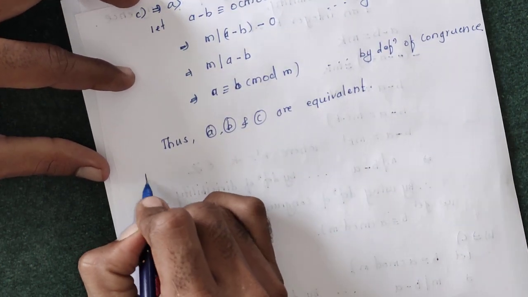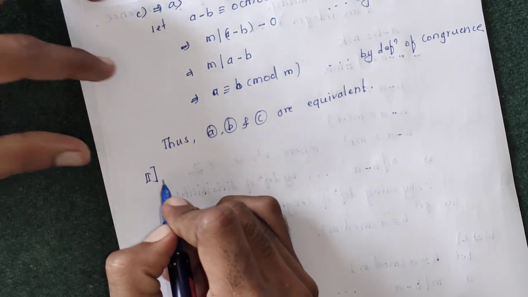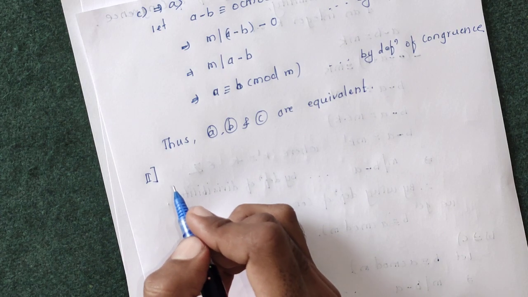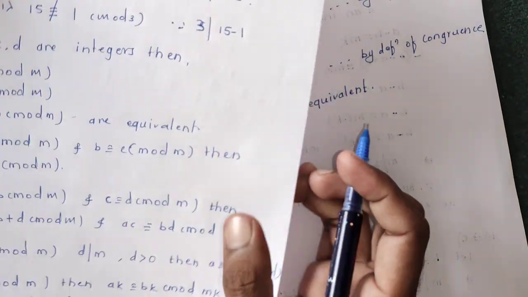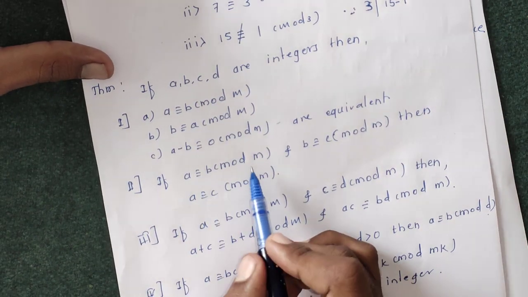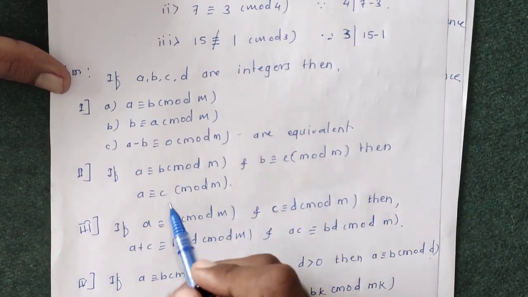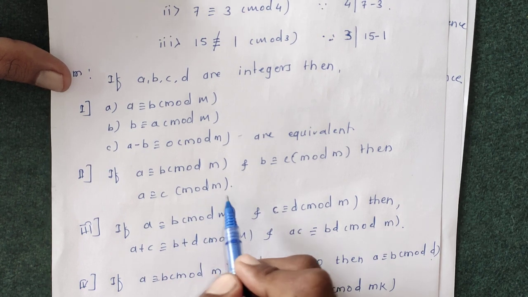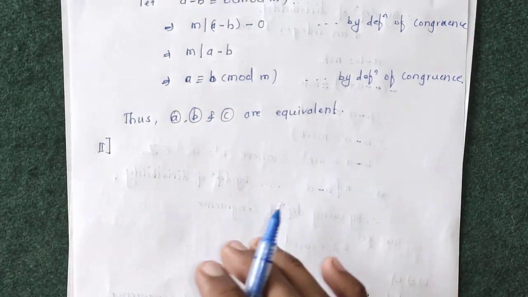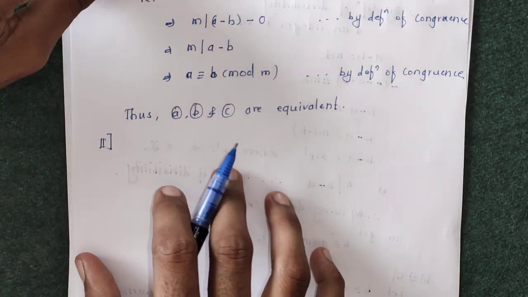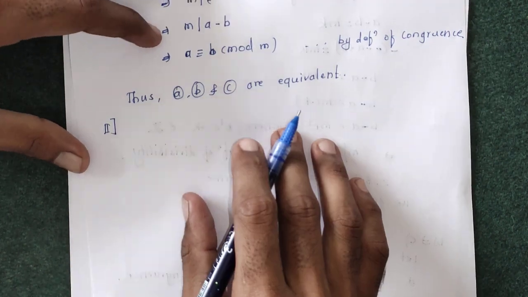Now, the proof of our second statement. The second statement was: if a is congruent to b mod m and b is congruent to c mod m, then we have to prove that a is congruent to c mod m. So we are given that a is congruent to b mod m and b is congruent to c mod m.